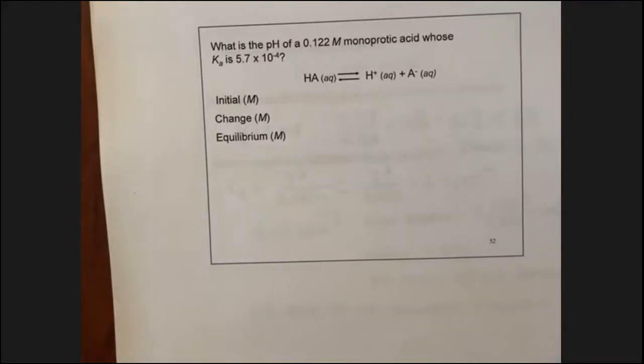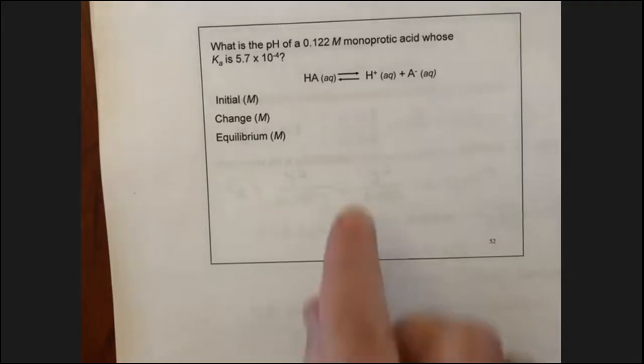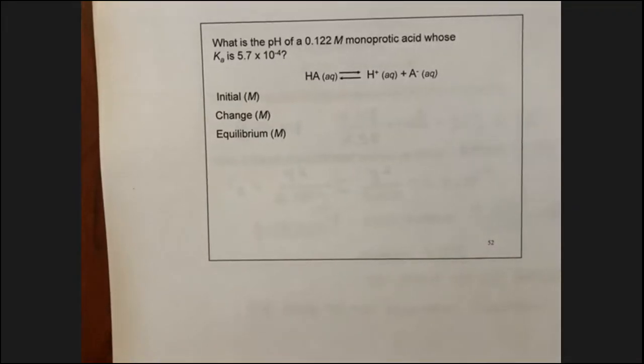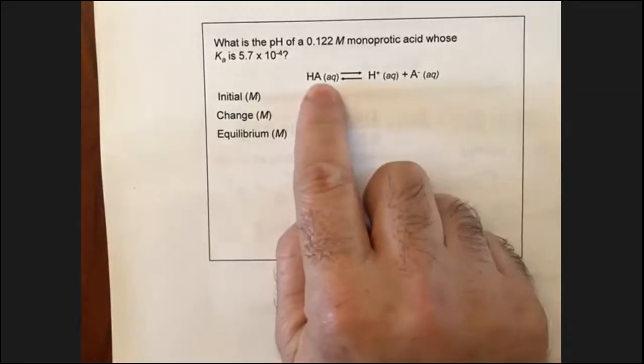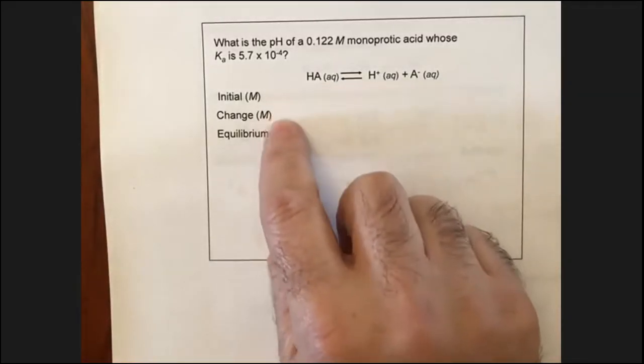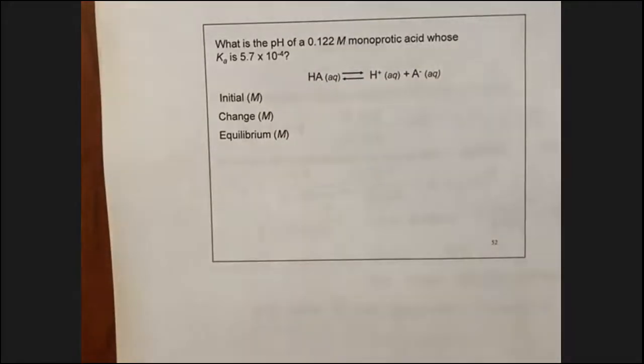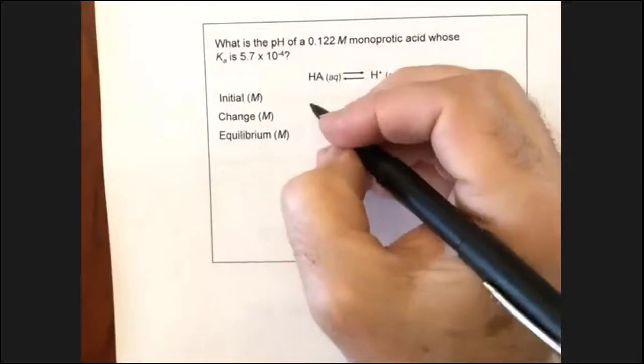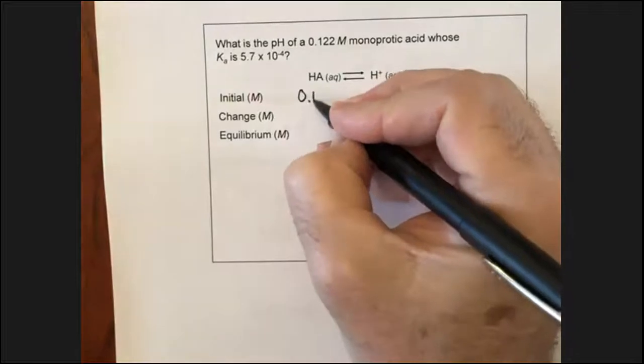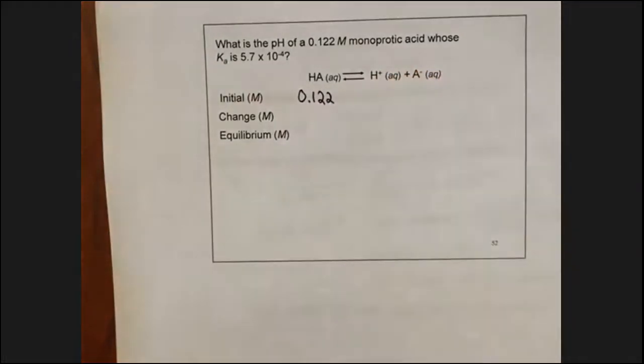So here we go. We're going to solve this problem. I've already set it up here. You can have the ionization, and again, I'm using HA here to symbolize the acid. We're going to do the initial, change, and equilibrium, in other words, the ice table. So let's start out by writing out what we have. We have the molarity that is given to us, 0.122 molar.